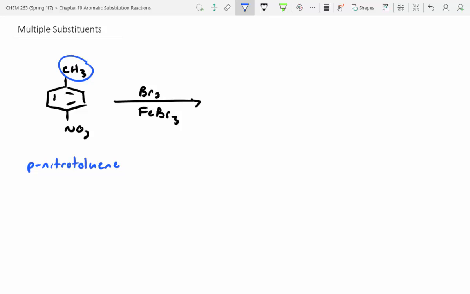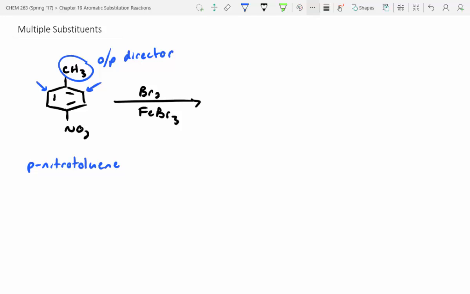Ortho-para, right? So that means that it's going to favor these carbons. Can we favor that bottom carbon? No, it's already occupied. We can't do EAS on a carbon that already has a group on it.